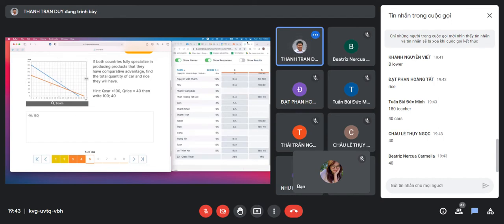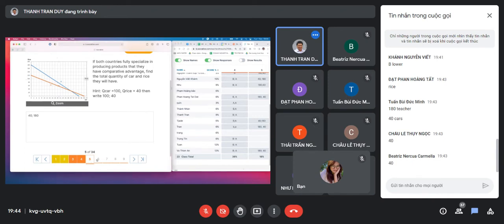If you write it the other way, it will be the wrong answer, because they ask car first and rice later, right? Okay. Any questions about these questions? Is it okay?